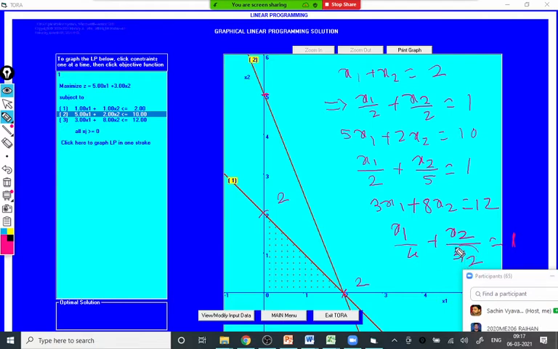Correct. On the x1 axis it is 4, so it will pass through this point, and on the x2 axis it is 1.5, somewhere here. If you draw this line now, you will observe the line will go like that.